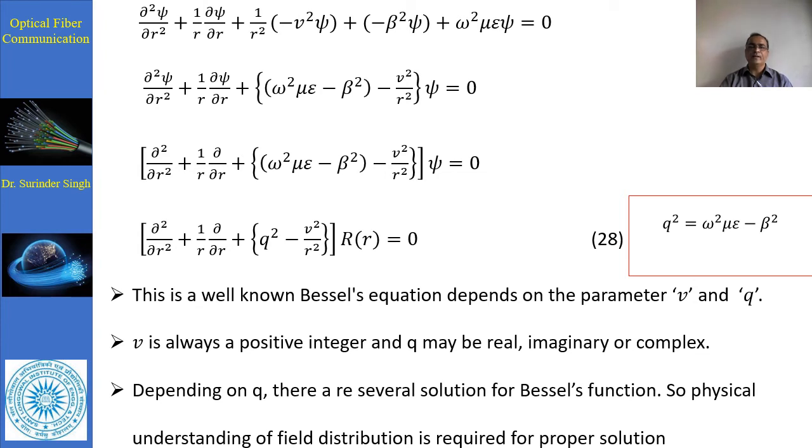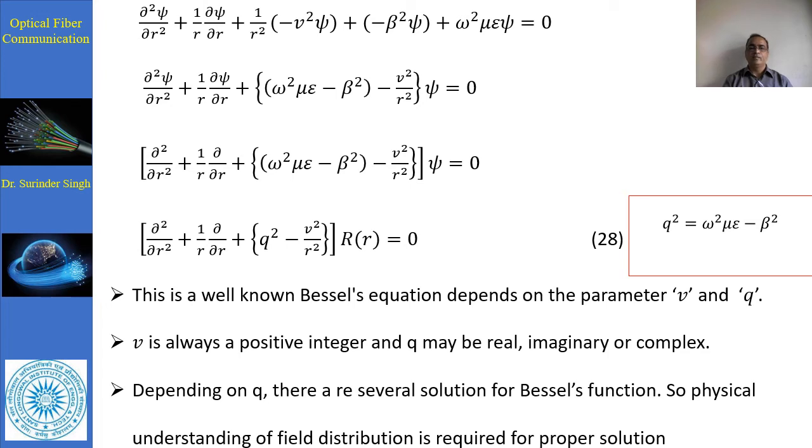Q square is equal to omega square mu epsilon minus beta square, and we put it here. This expression emerges. When we compare it with the standard equation d square upon dr square, where psi is taken as common and the r component is also common, this is basically known as the Bessel equation, which depends upon the parameters nu and q.